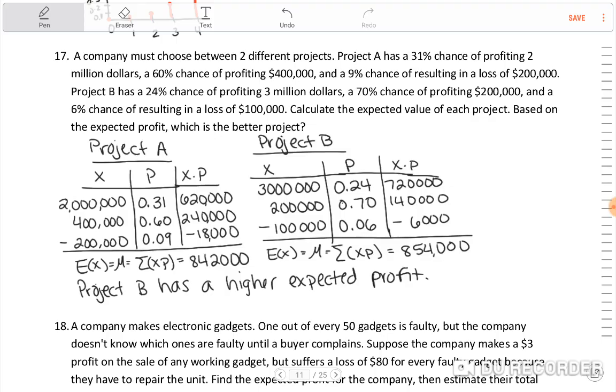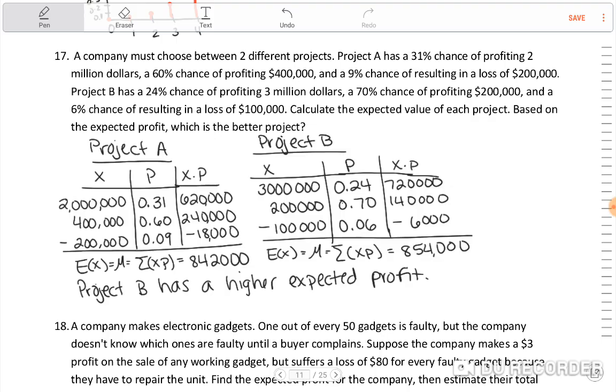Let's see, I have a little note here that says, remember that the expected value only has meaning if they can conduct many such projects. If they are only able to run one project, then they should choose the project according to the risks and rewards of just one project, not from the expected value. So, based on the expected profit, we would choose Project B.